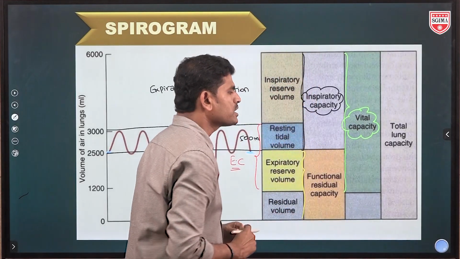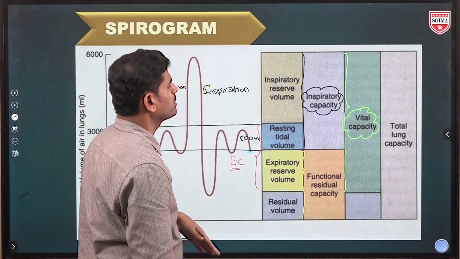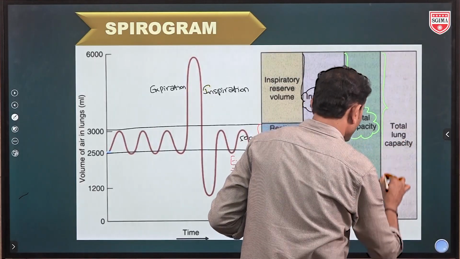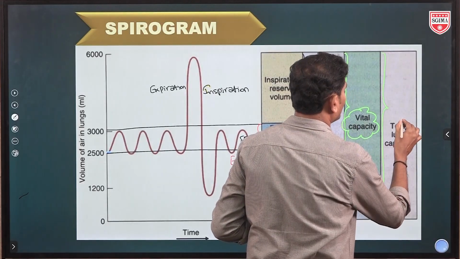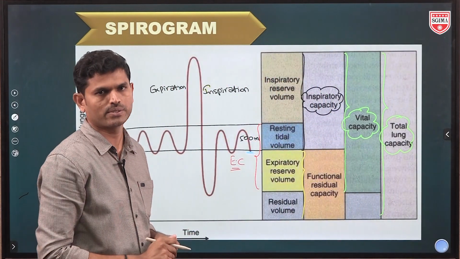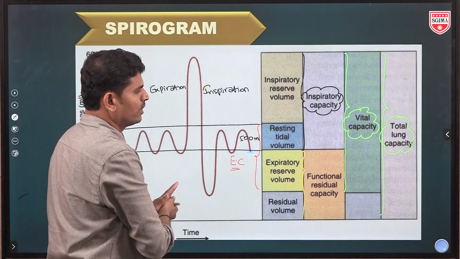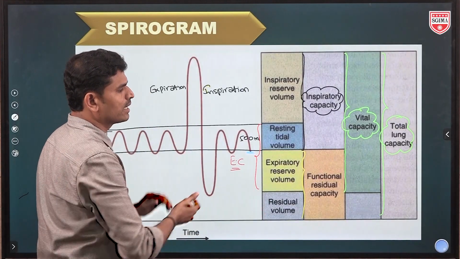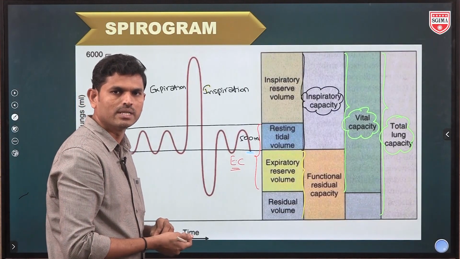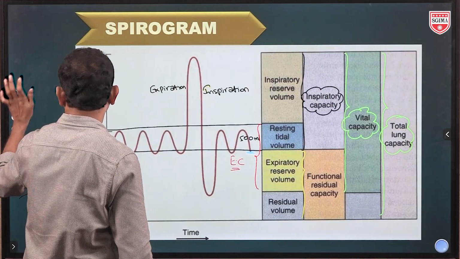And last but not least, total lung capacity, TLC, which is the sum of all the volumes. So from these definitions, we can clearly understand the spirogram, which is nothing but the plotted sheet of a spirometer. Now, next slide.